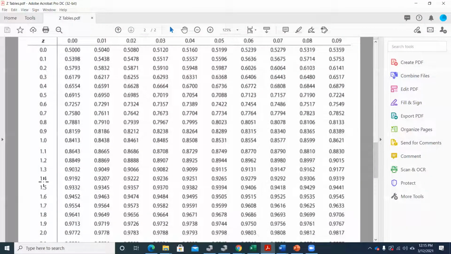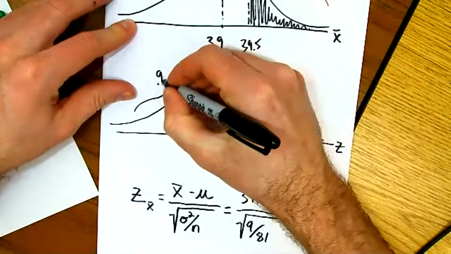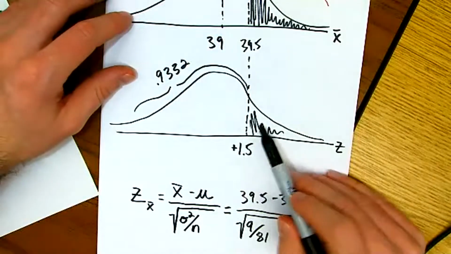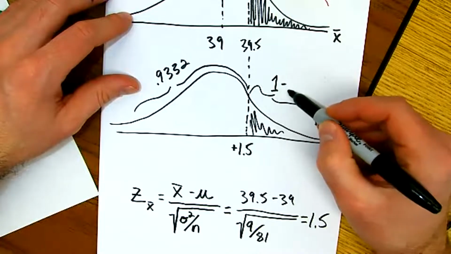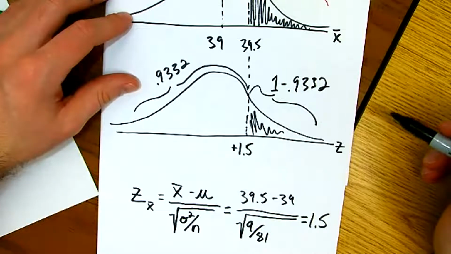For the z-score of 1.5, so 1.50, with the second decimal, I go over to 0.9332. So the area to the left of that z-score is 0.9332. That's not what I wanted. I wanted the area to the right. Well, the area under the curve is 1, so I just have to subtract that from 1.